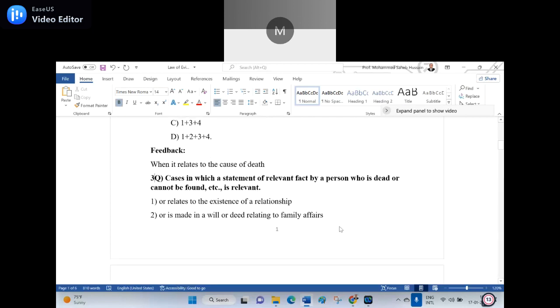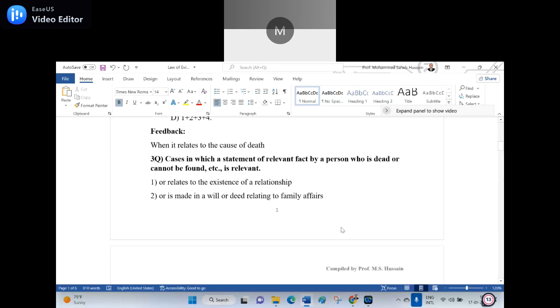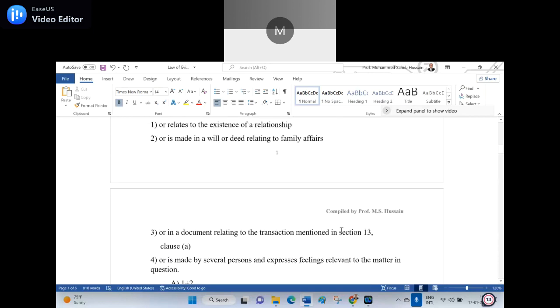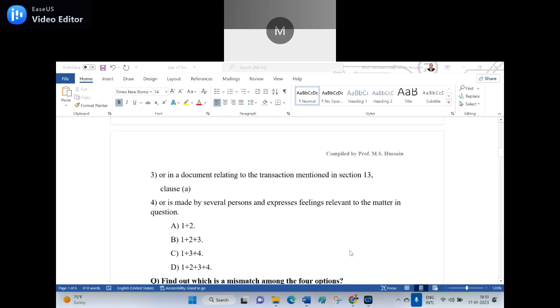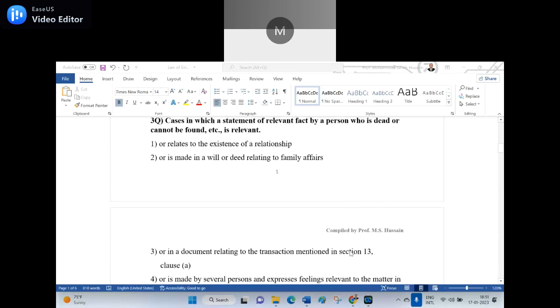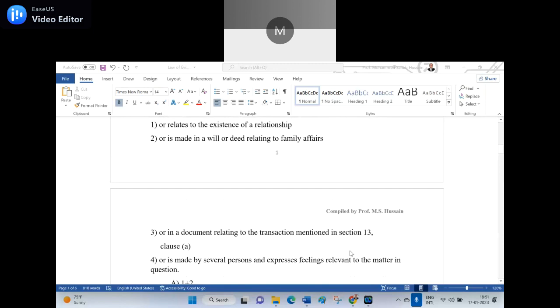Number 1, are related to the existence of relationship. 2, or is made in a will or deed relating to family affairs. 3, are in a document relating to the transaction mentioned in section 13, clause A. 4, or is made by several persons and expresses feelings relevant to the matters in question. Then options are A 1 plus 2, B 1 plus 2 plus 3, C 1 plus 3 plus 4, D 1 plus 2 plus 3 plus 4. So among these four options, which is the right option?